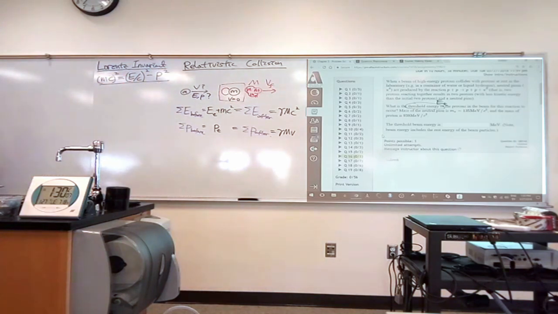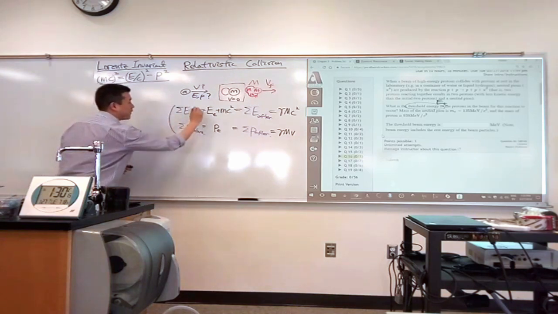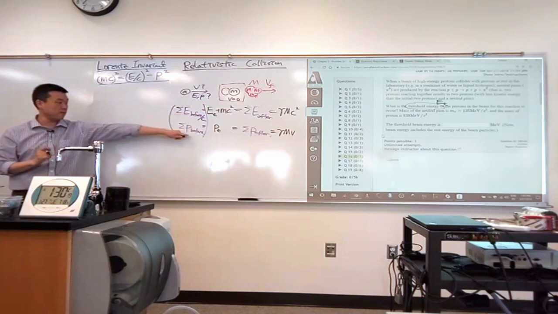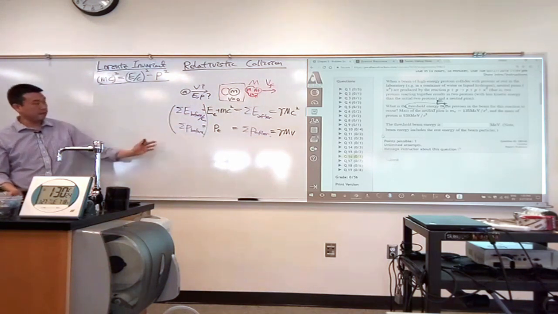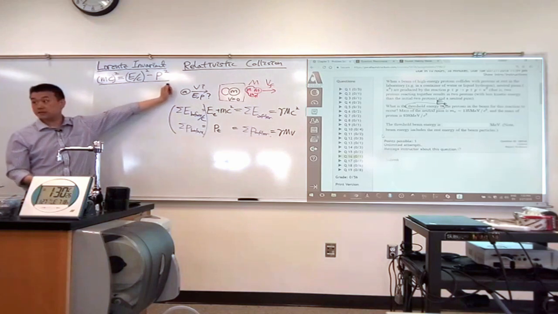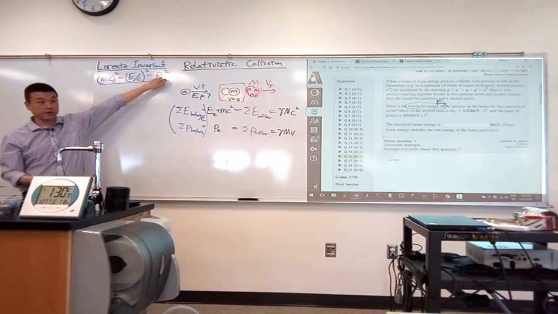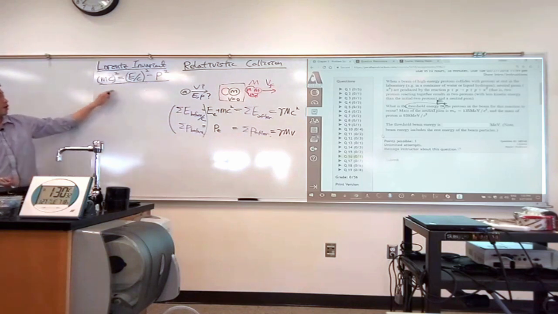The way I would like everyone to eventually think about this is the inner product of the energy-momentum 4-vector with itself. Energy divided by c and momentum, that's the energy-momentum 4-vector. When you take a dot product with itself, that's what this is: time component squared minus the spatial component squared. And that is equal to the Lorentz invariant, which turns out to be mass.